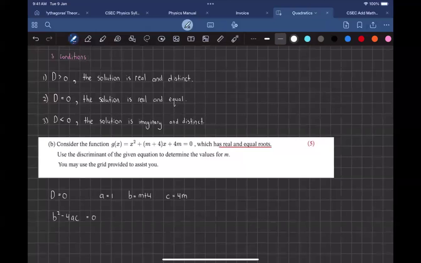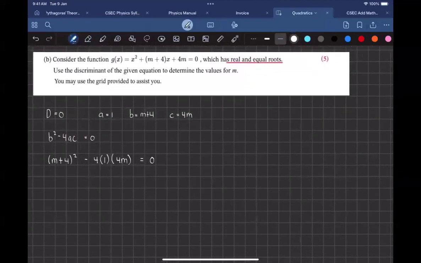Tell me what to write. m plus 4 squared, like this, in brackets. Minus 4 into 1 and 4m, and the whole thing will be equal to 0.